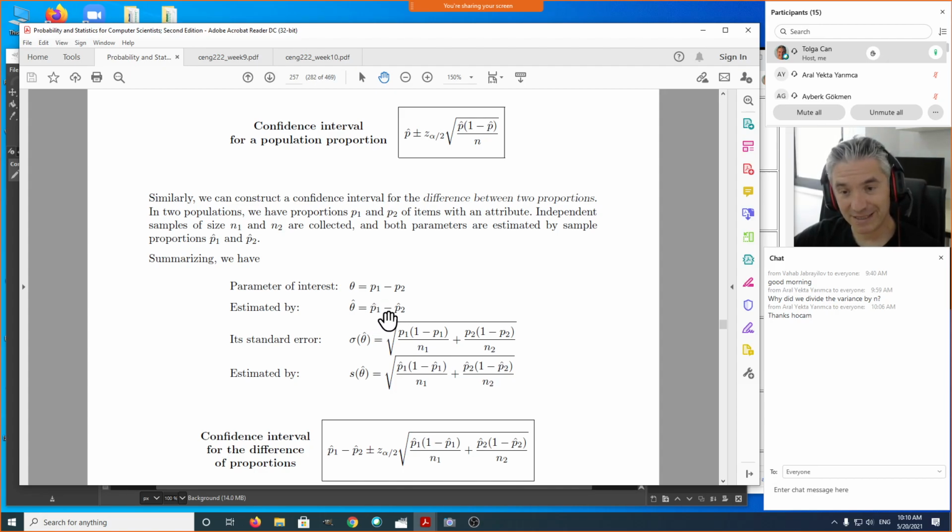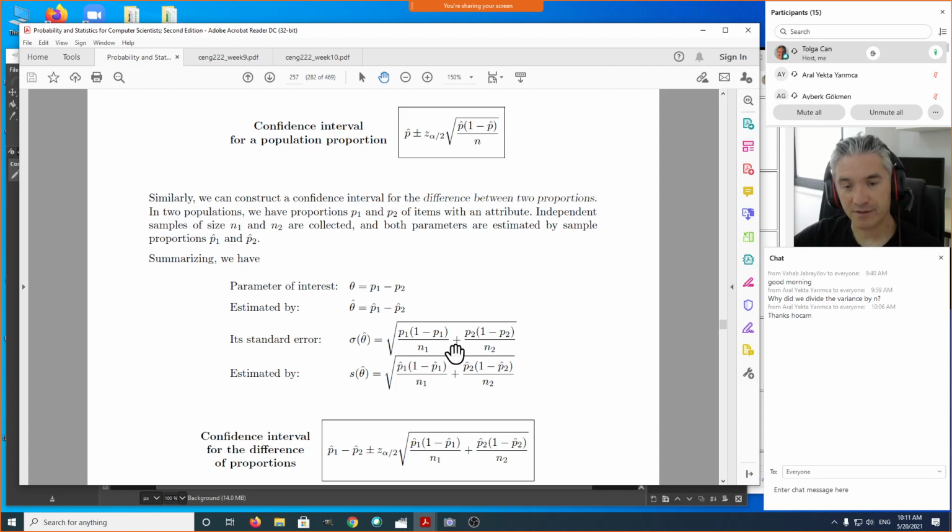The variance of this thing, although there's a minus in front of it, since the variance of a times X is a squared times the variance of X, becomes a summation. The variance of this difference is the summation of those individual variances, and we take the square root of that to get the standard error.